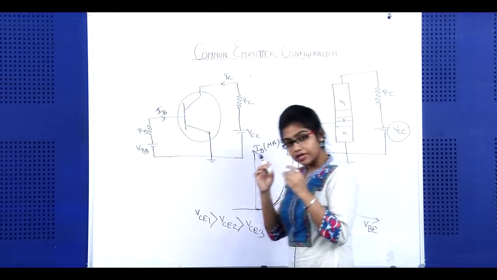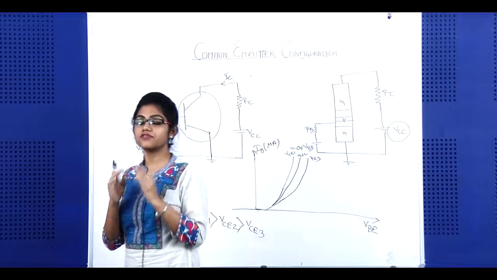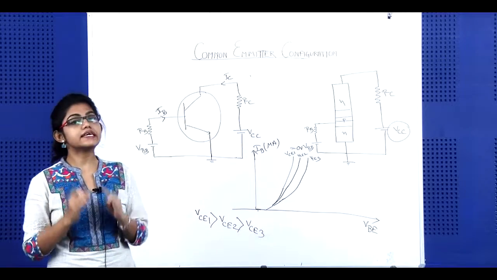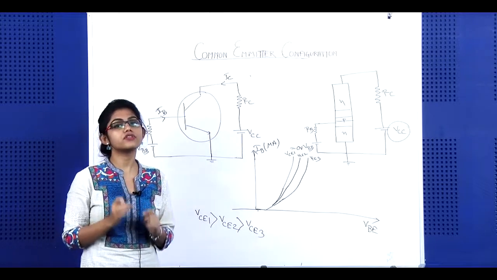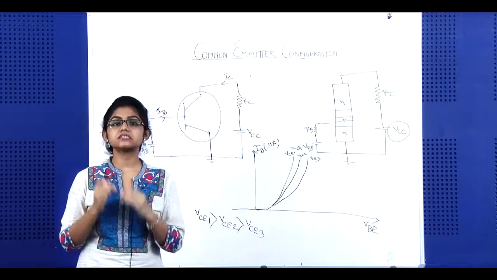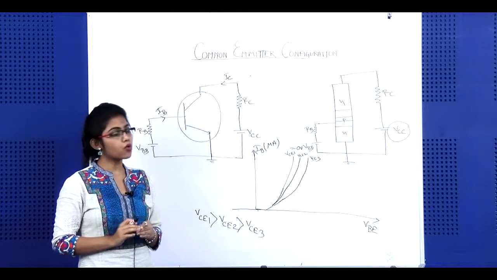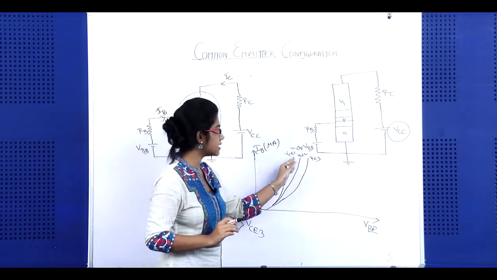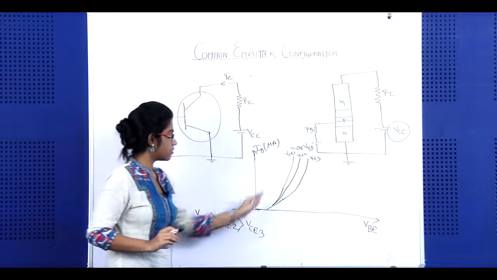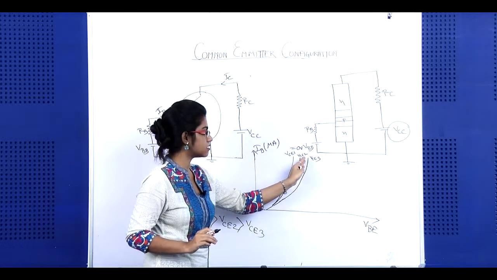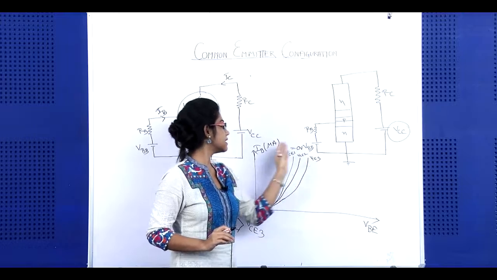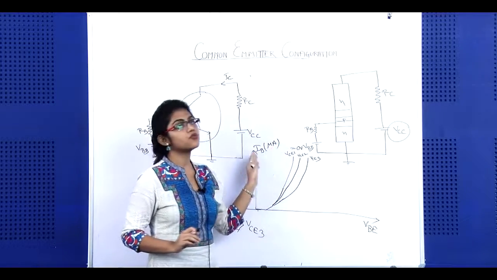So more reverse bias voltage decreases the thickness or width of the base region, and if the base region decreases, then obviously the base current will decrease more. So when we increase the collector emitter voltage, the IB current will decrease.